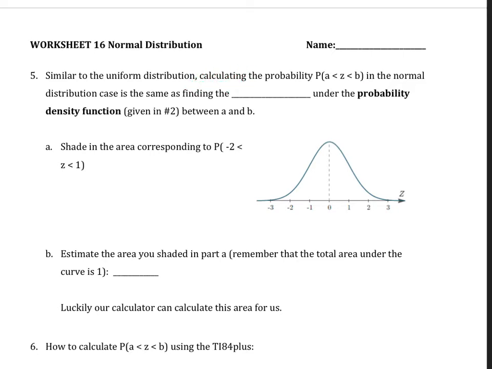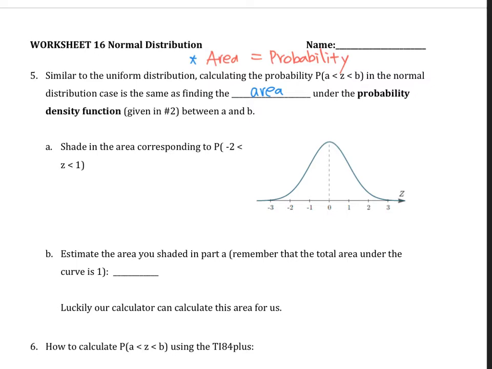Similar to the uniform distribution, calculating the probability in the normal distribution is the same as finding the area. This is a kind of important concept: we're going to equate area to probability. In this section and the next few sections, we're going to have a lot of probability questions, and we're going to translate our probability question into an area question.